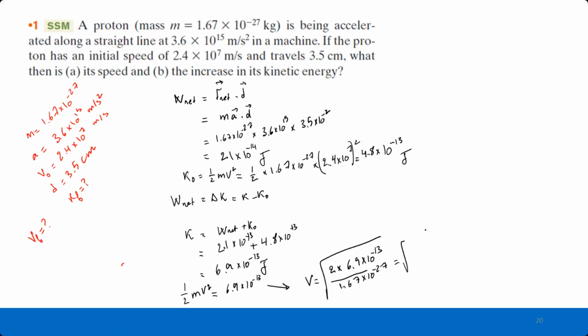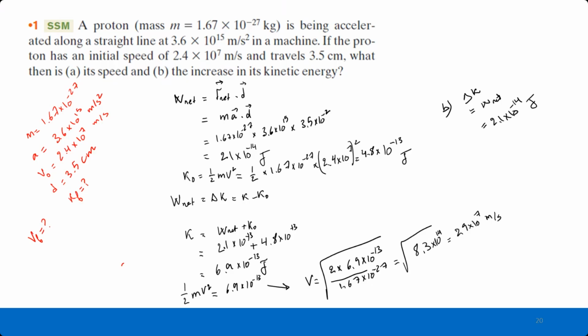This is going to be the square root of 8.3 times 10 power 14, which is 2.9 times 10 power 7. The unit is meters per second. So this is the speed. The increase in the kinetic energy is just delta K itself, which is equal to W net itself, which is 2.1 times 10 power minus 14.